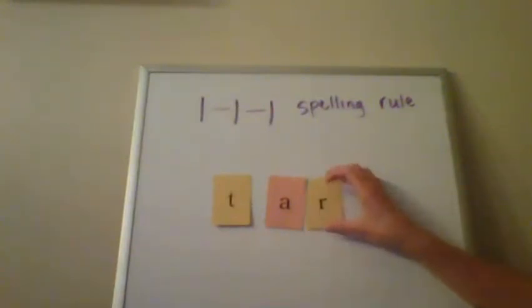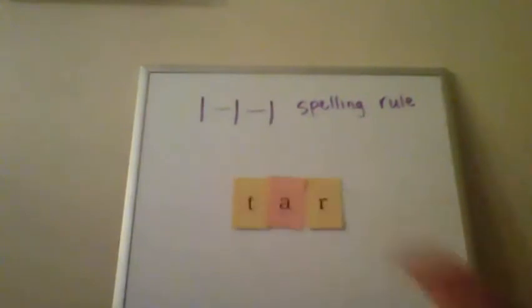We have the AR controlled in tar here. I'm going to ask you 3 questions once again, but instead of asking if it is one syllable closed, I'm going to ask if it's one syllable R controlled. The answer will be yes for all 3 questions.